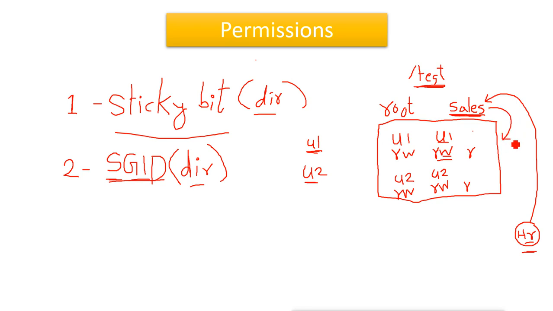Now what does that mean? This group is already the owner group of this directory. But when we set the GID, we are setting the owner group's ID on that particular directory.